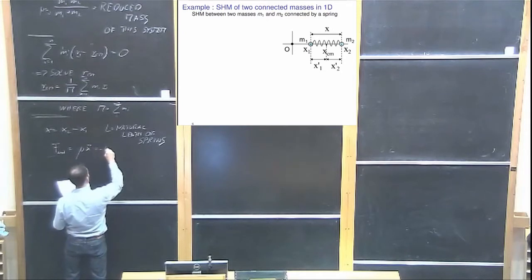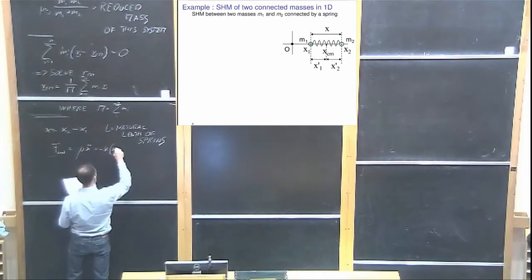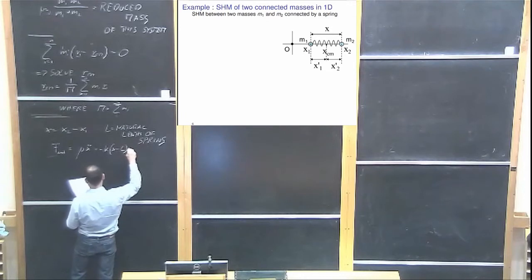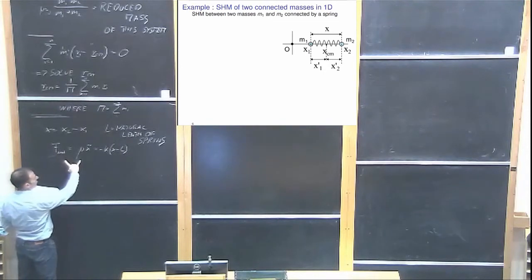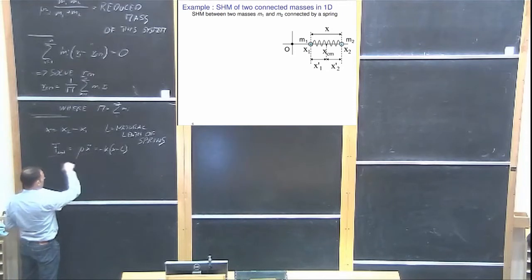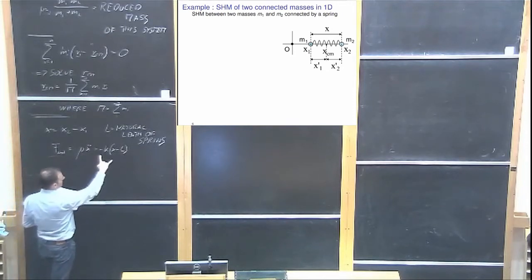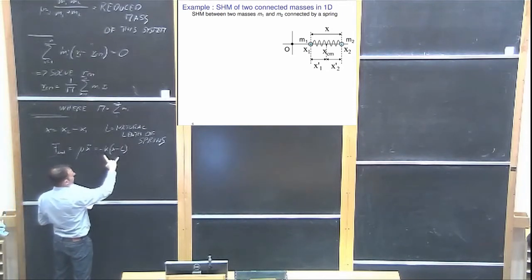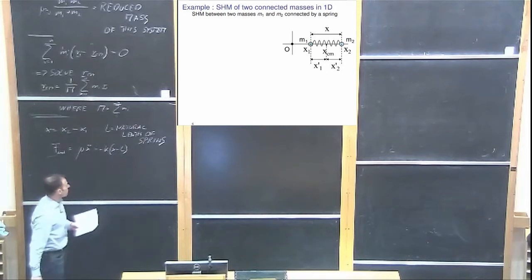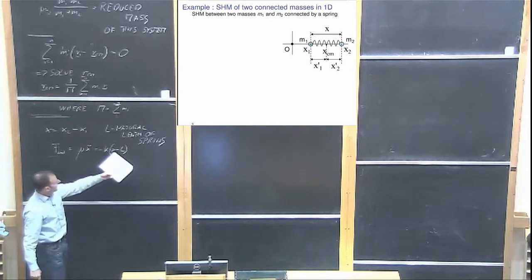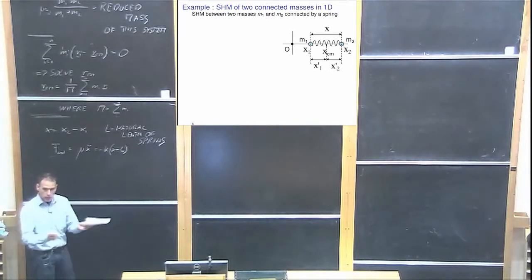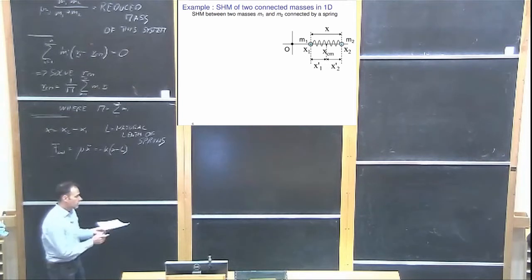So the internal force, we can rewrite with reduced mass times the acceleration, and that's the restoring force that comes from the spring. We have the difference to the natural length that gives us extension or contraction of the spring.